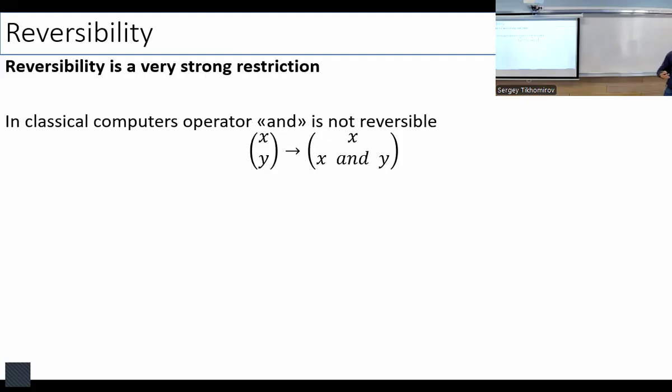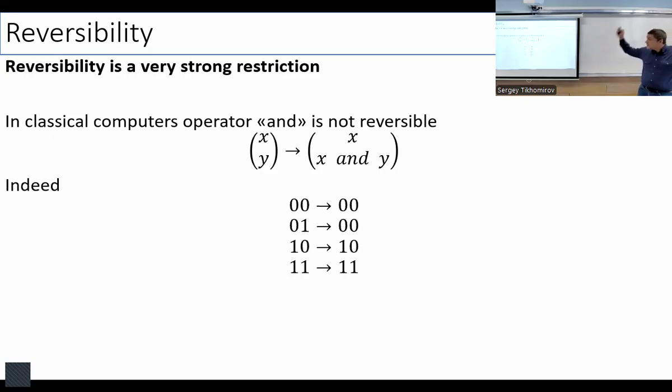In particular, if we come to a classical computer, we have an operation AND, which maps xy, where x and y are 0, 1, to x and y. This operation is not reversible, because I calculated the map, and there are two similar values for different inputs.